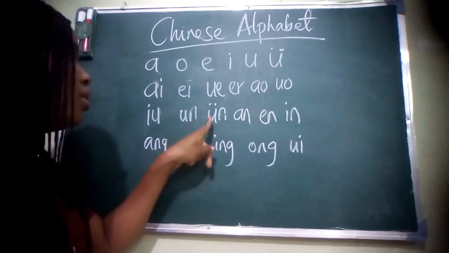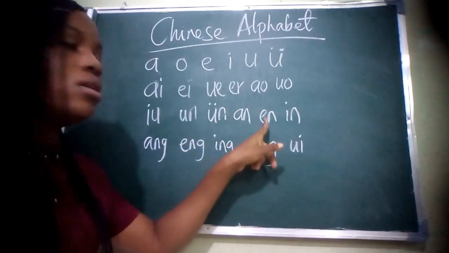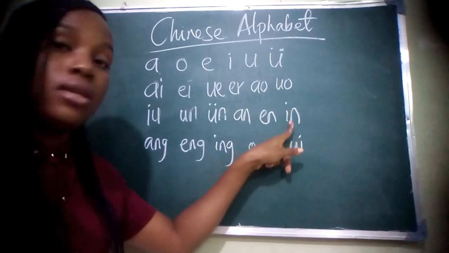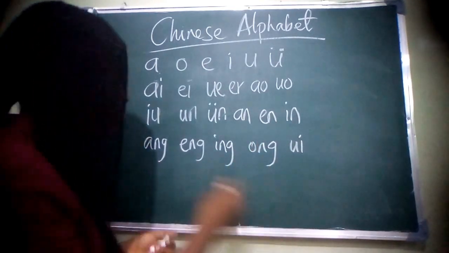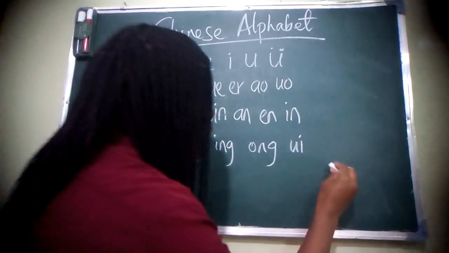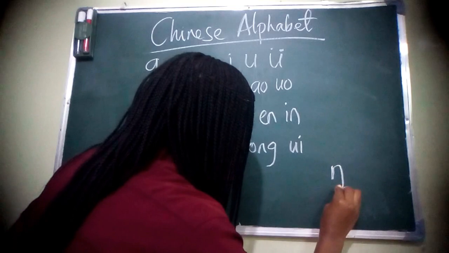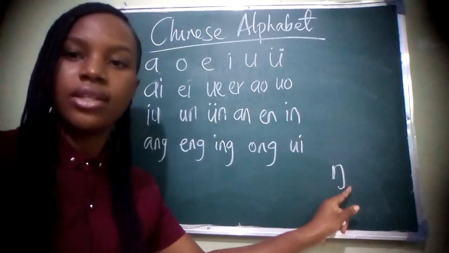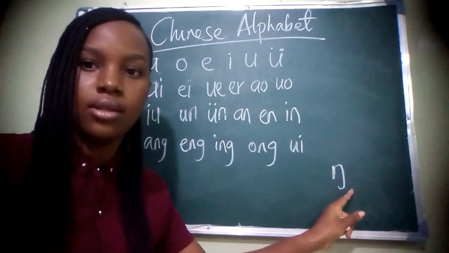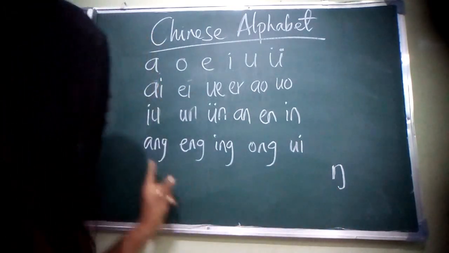One, yun, an, in, ang. Here, you have this ng as this sound in English language that you have when you pronounce sing.